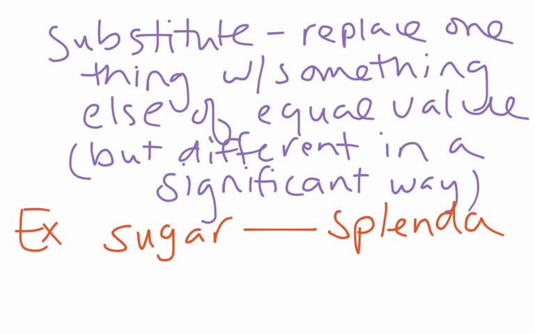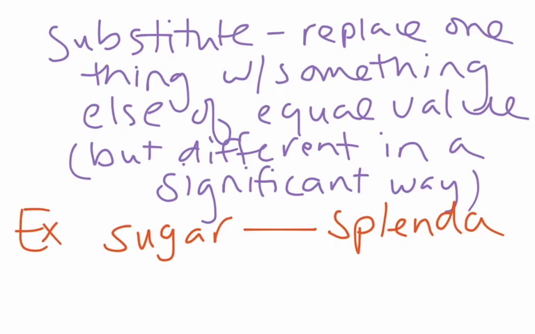We can debate whether or not that's better or healthier, but the idea is she takes out the sugar and puts in something else of equal value. In this case, it would be equal sweetness in order to provide that same function in the pumpkin pie. But it's different in a significant way in that it won't make my dad's blood sugar go up.